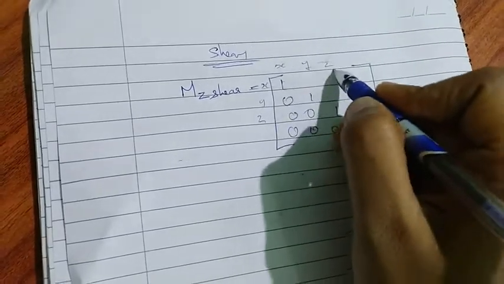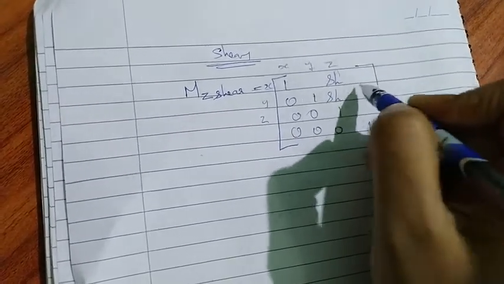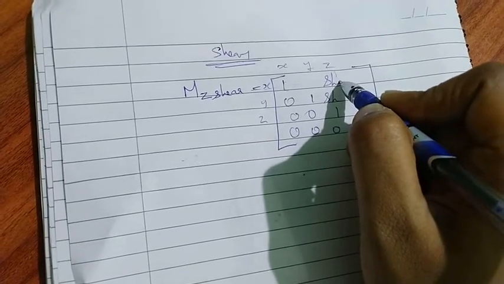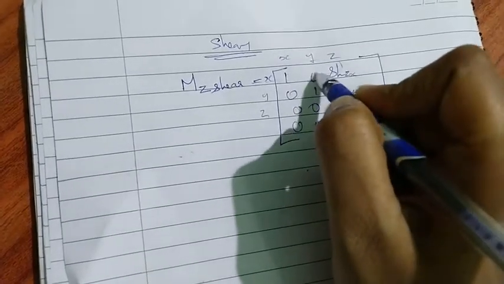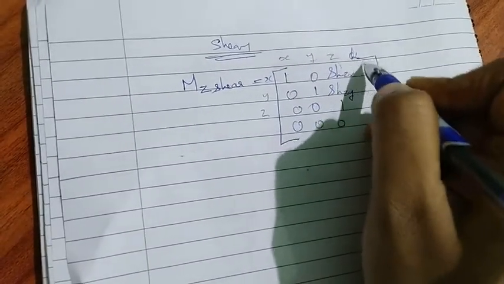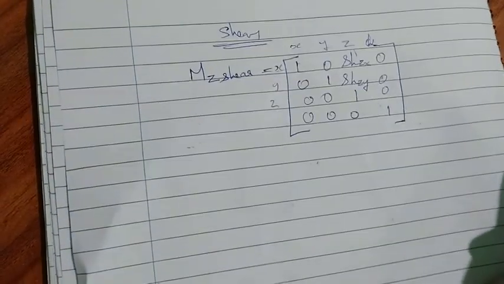So xz will get the shear value and yz will get the shear value. This we will represent as shzx and this one as shzy. Remaining terms as they are. This is homogeneous, so the last row is 0, 0, 0, 1. This will be the shear matrix.